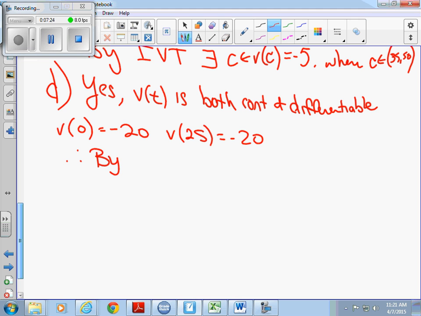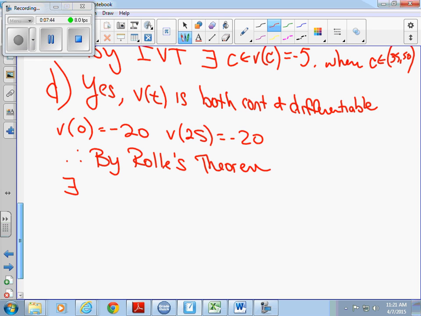Therefore, by Rolle's theorem, if you were using mean value, by the way, this little statement up here would be replaced by f of b minus f of a over b minus a equals 0. So this little piece would be replaced by that.